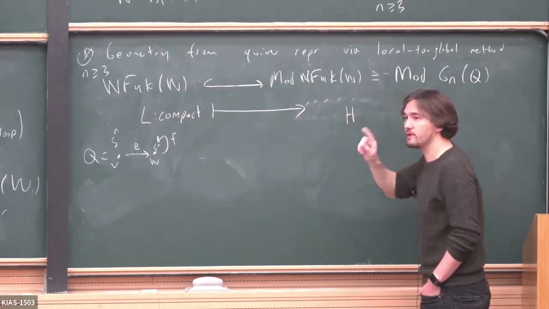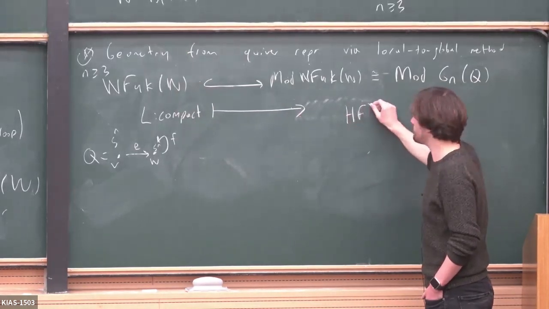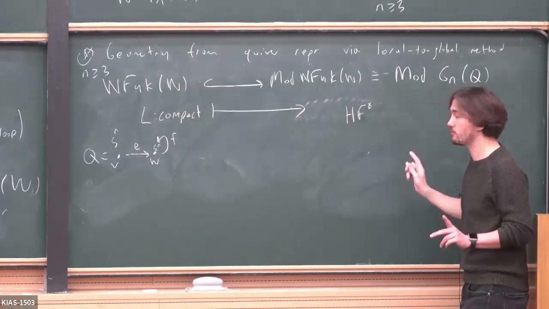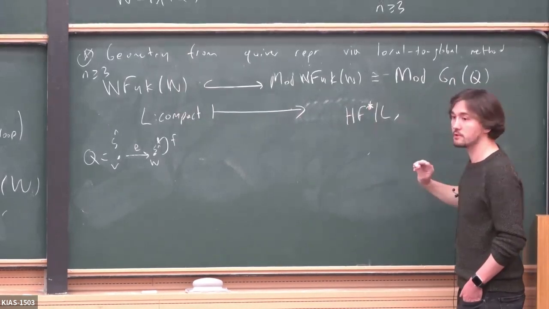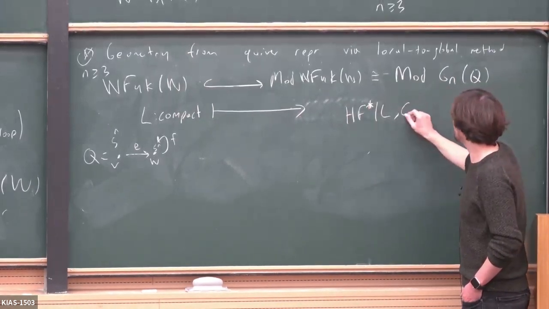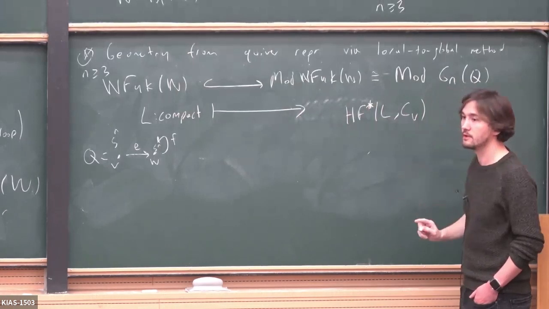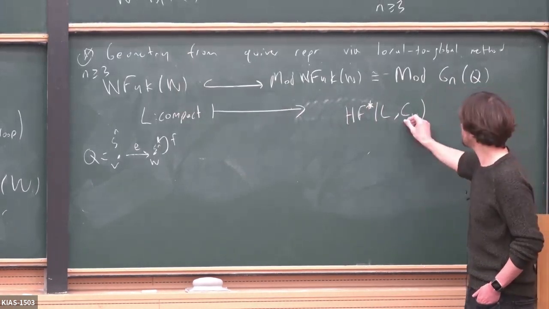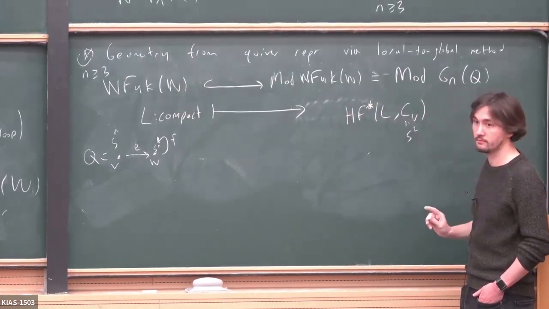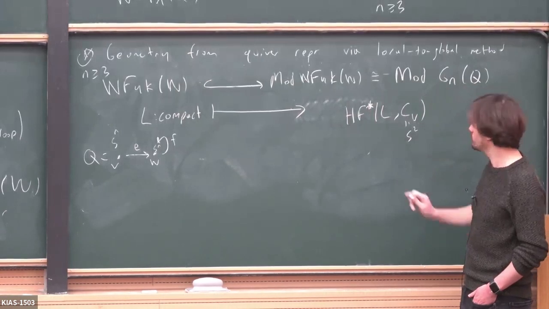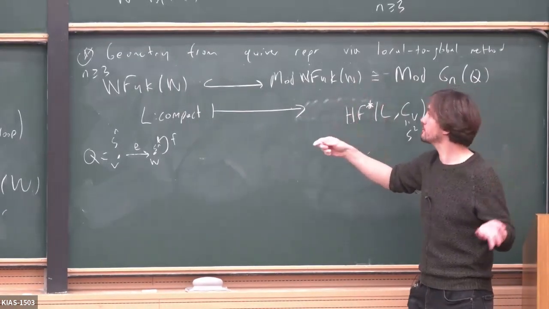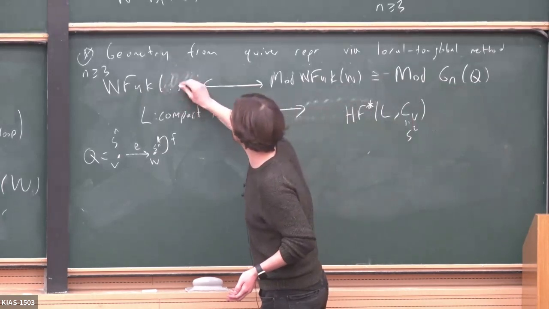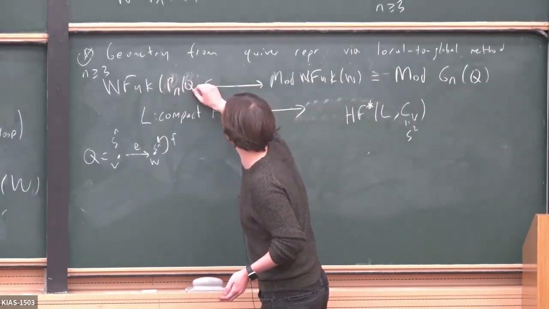I give, because of field coefficients, just take a Floer homology, not the chain complex, Floer homology of L with C_V. C_V is the S^2 at vertex V. So if you take any compact Lagrangian in this plumbing space, so this W is P and Q, by the way.